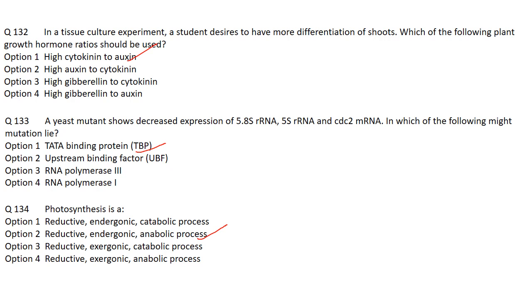In photosynthesis, electrons are transferred from water to carbon dioxide molecule, forming sugar molecules. In this process, water is oxidized as it loses electrons and carbon dioxide is reduced as it gains electrons. Hence, photosynthesis is a reductive process. So the answer is option 2.